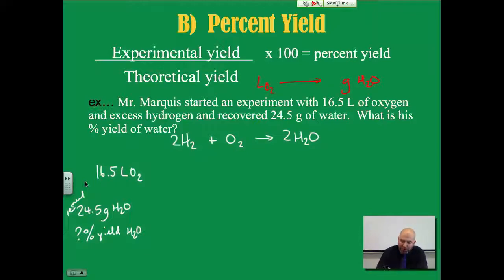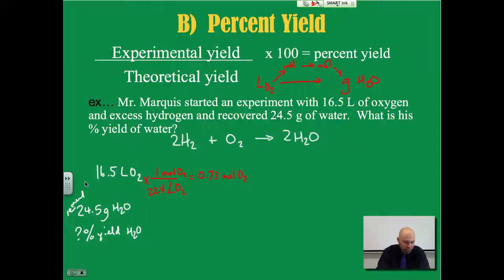Through that step, I'm going to go to moles, then to moles, then to grams. So here we are. Liters of O2 to moles of O2. 1 mole is always on the moles side when you're converting to liters, grams, or particles. Liters is 22.4. So I divide that and I get 0.73 moles of O2.